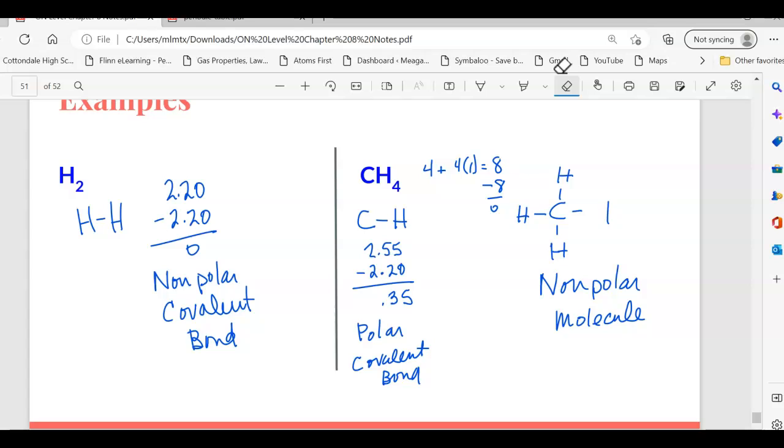Likewise, if instead of an H right there there had been a lone pair, then again this would be a polar molecule because not everything around it is the same. So it is nonpolar because everything around it is the same.